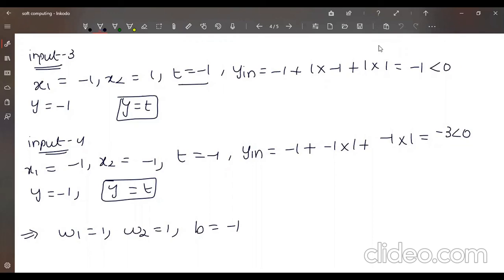If it is not possible to get y is equal to t within the first or second epoch, 3 epochs is the maximum. In some cases, the number of epochs that you need to perform will be mentioned in the question itself. At that time, you have to perform that many epochs as mentioned in the question.